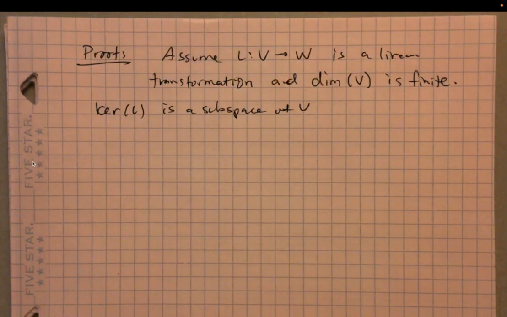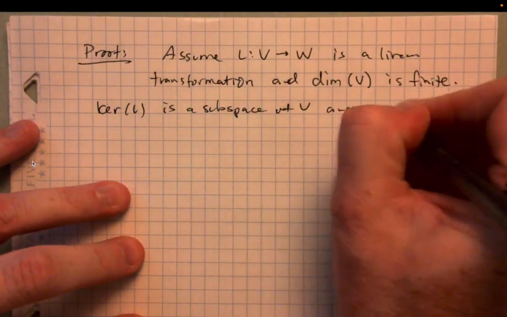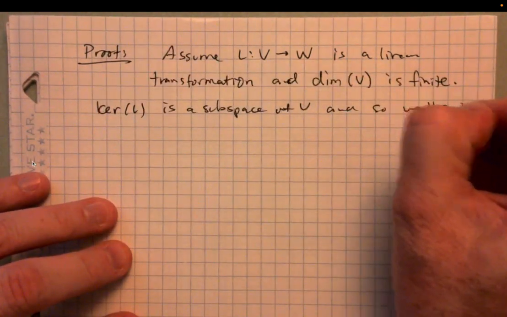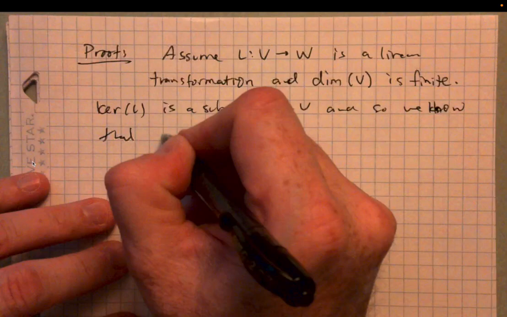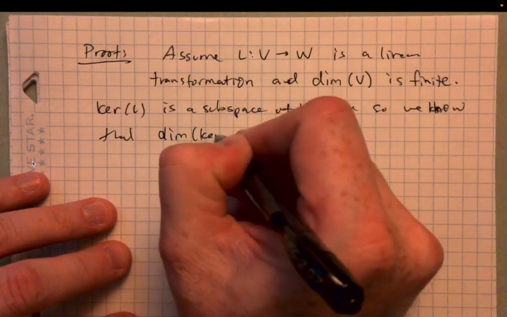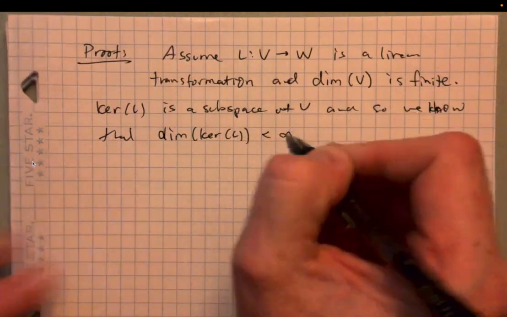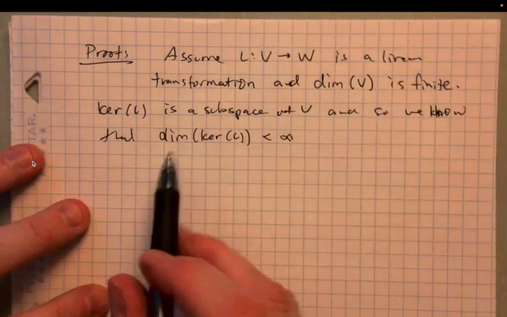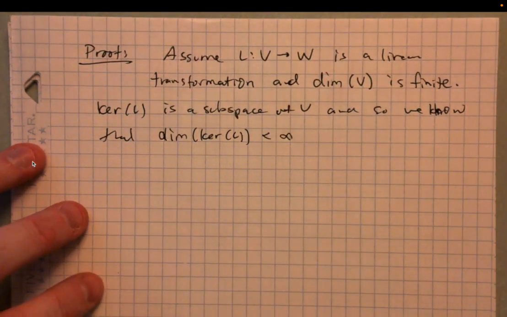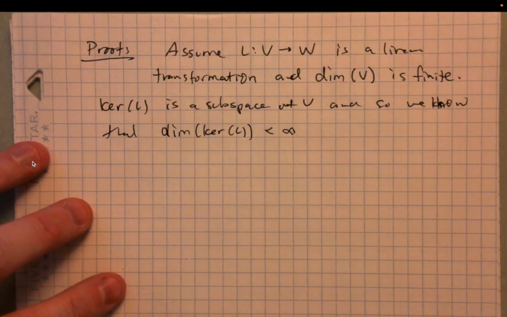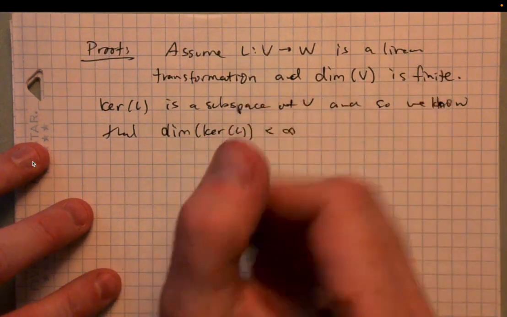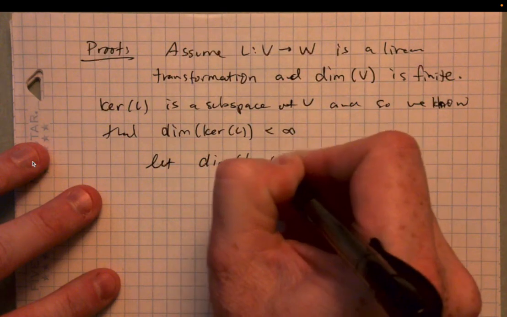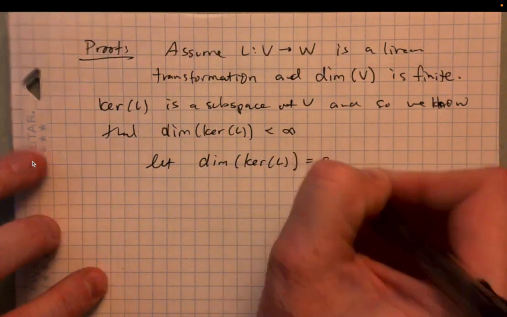Kernel of L is a subspace of V. We know that from the previous theorem. And so we know that the dimension of the kernel of L is less than infinity. It's a finite number. Right, and we know that because of a previous theorem, and also common sense would say that, right? But let's go ahead and let the dimension of the kernel be set equal to S. So we'll let the dimension of the kernel equal S.